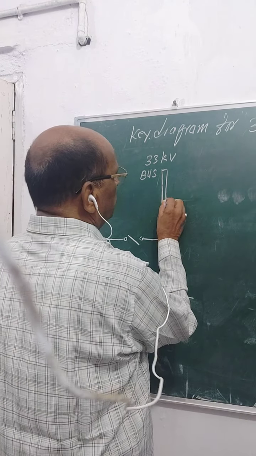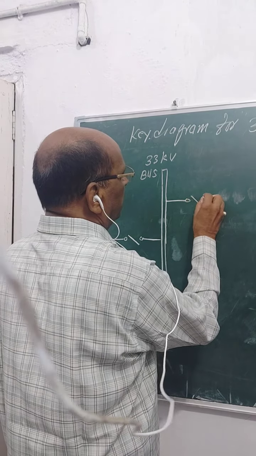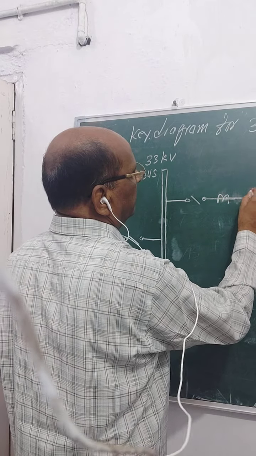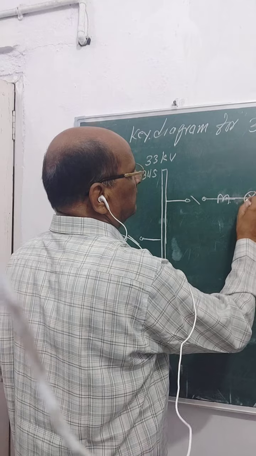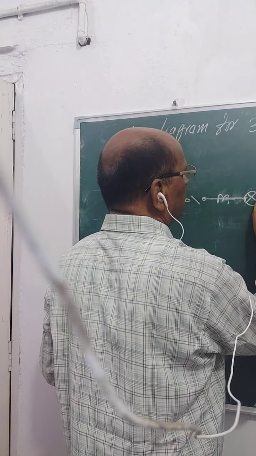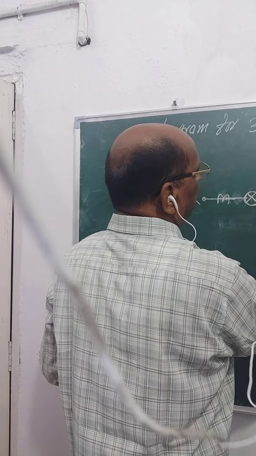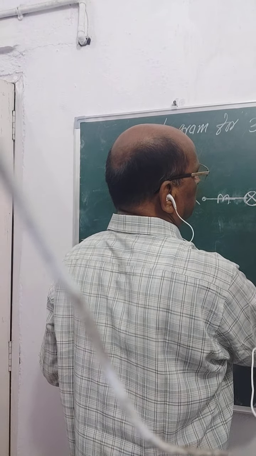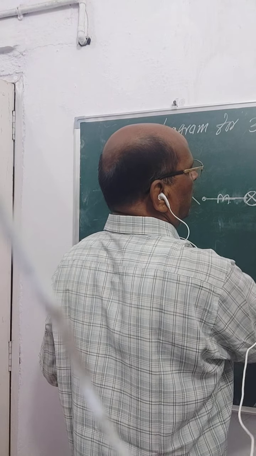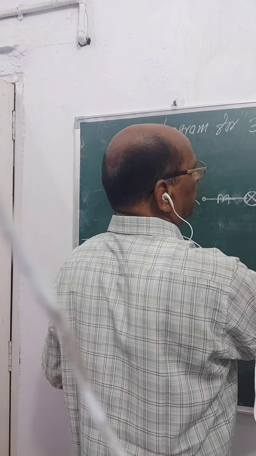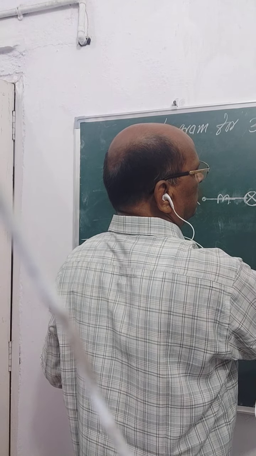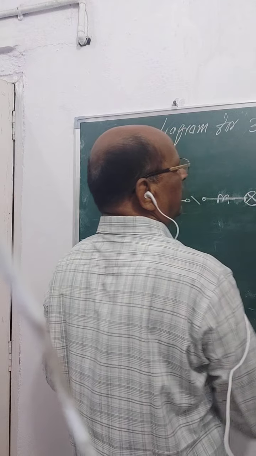So start from here, there is an isolator, then CT, then breaker, and after the breaker there is a lightning arrestor, and then it is the three-phase transformer represented by these three circles.